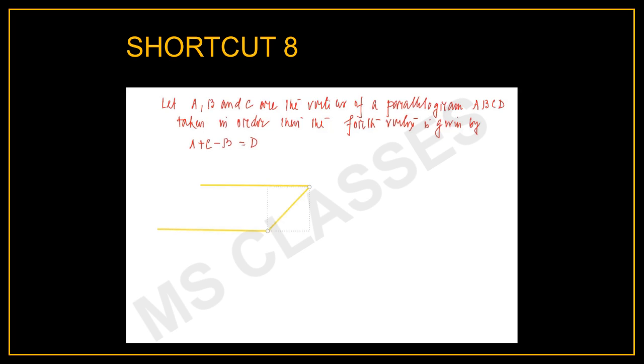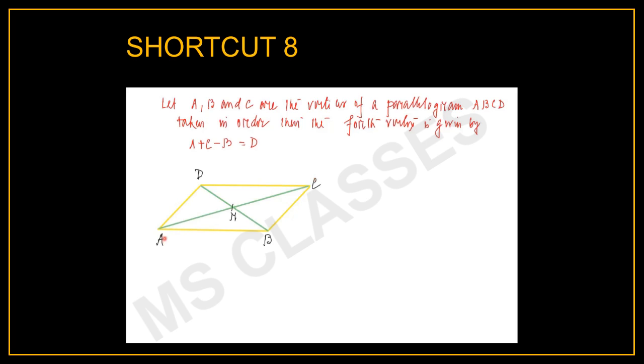We know in a parallelogram the diagonals bisect each other. So we have here A, B, C, D, and automatically we understand that this midpoint is the same for both diagonals.